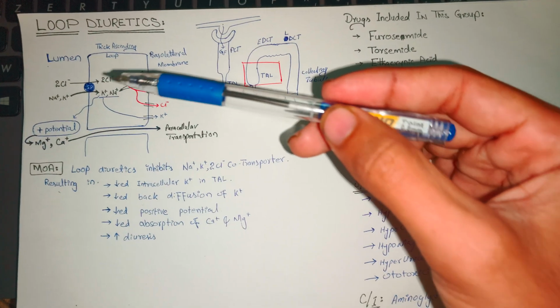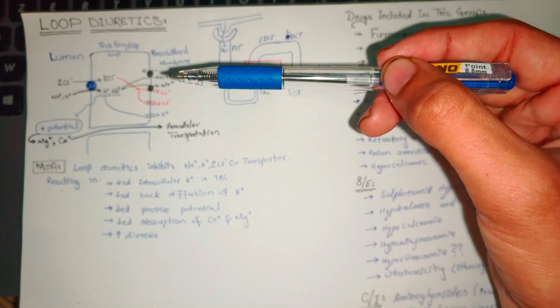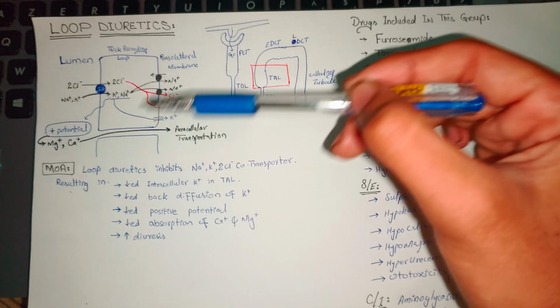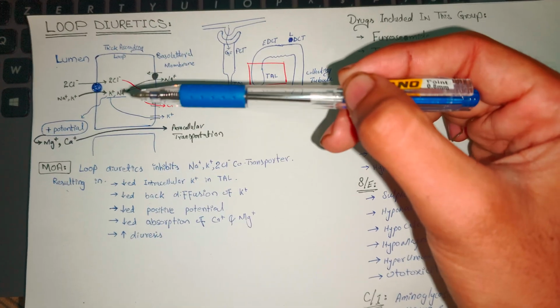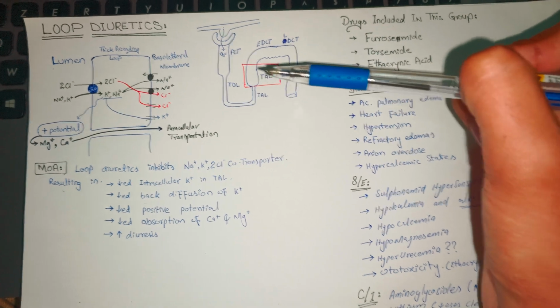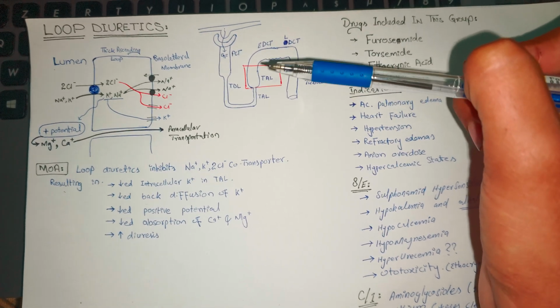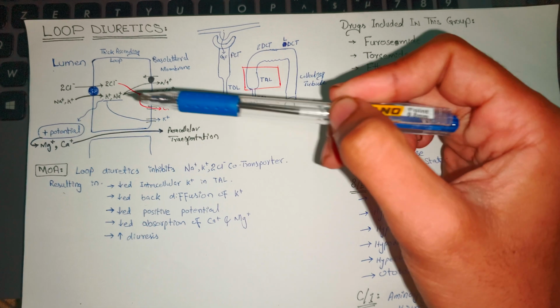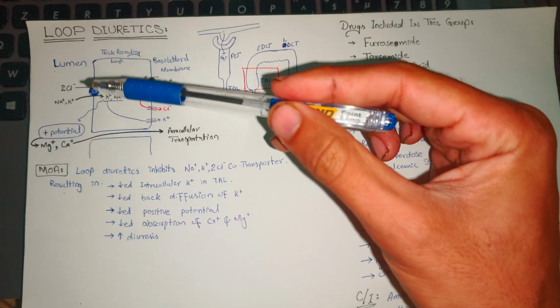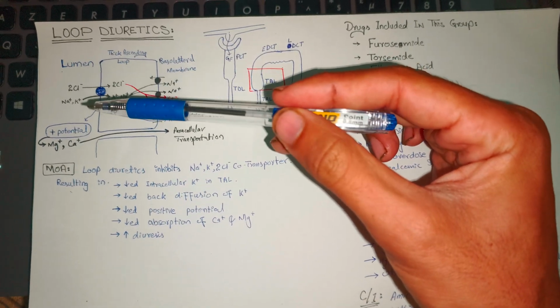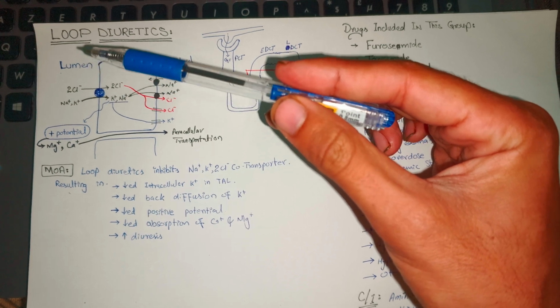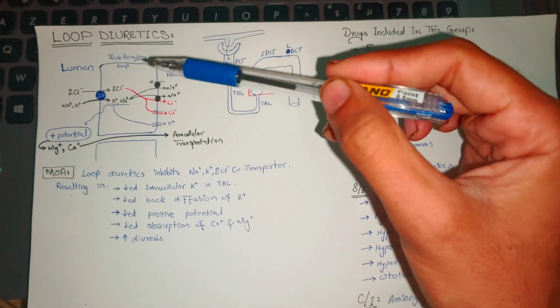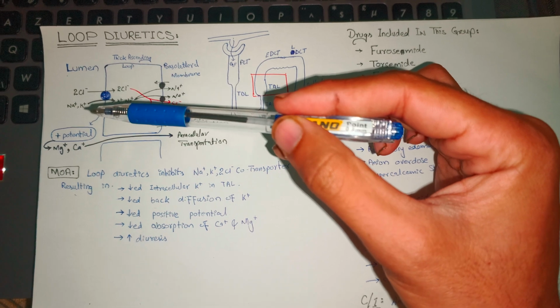We see we have over here the big cell. This is a cell which is present here in the thick ascending loop. So in the lumen we have the glomerular filtration coming in.